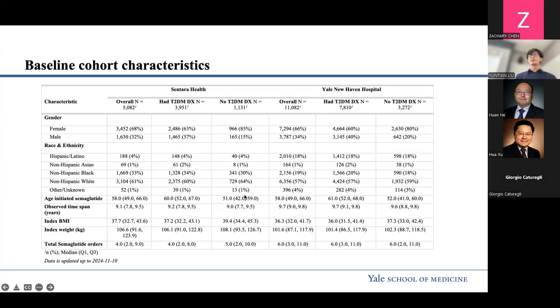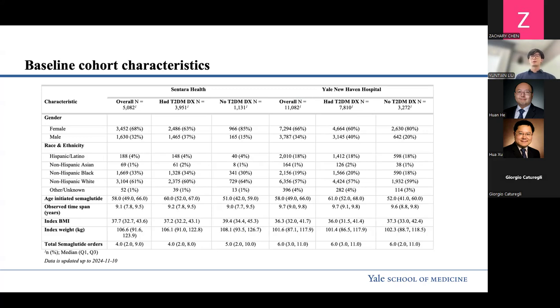We stratify the baseline models by history of type 2 diabetes, defined by whether they ever had a type 2 diabetes diagnosis code before the initiation.